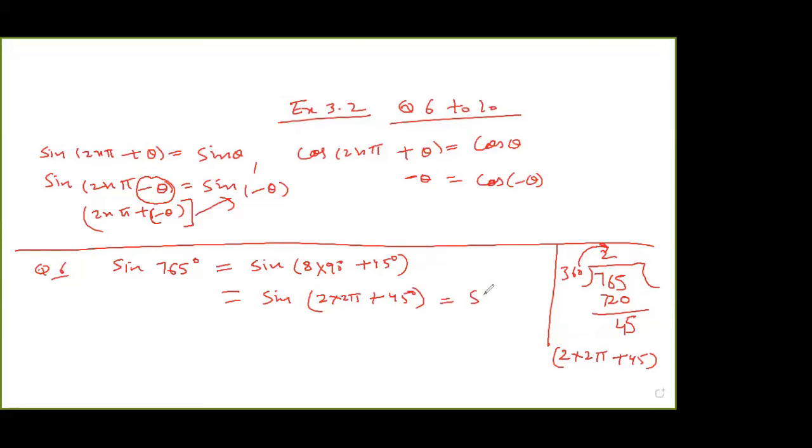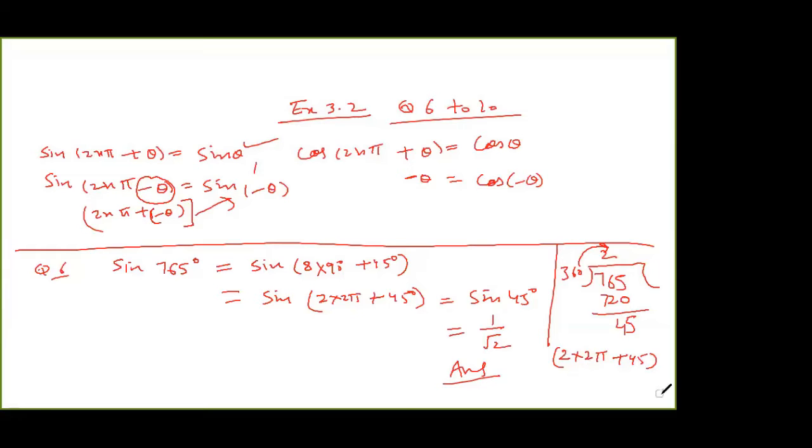So this is sine 45. The value of sine 45 is 1 upon root 2. This is the answer. You can do it by taking a multiple of 90, or by using a multiple of 2π.